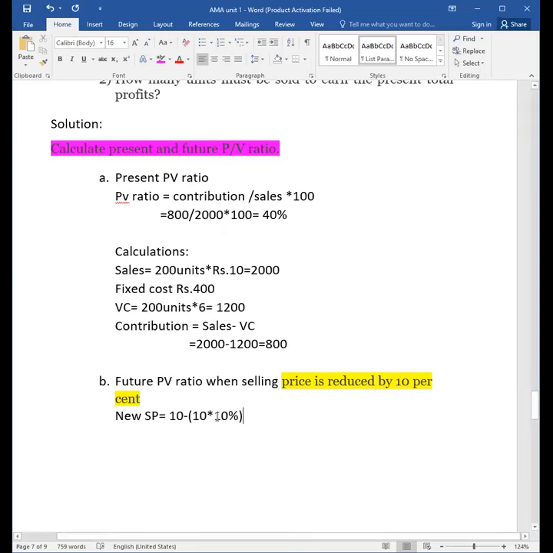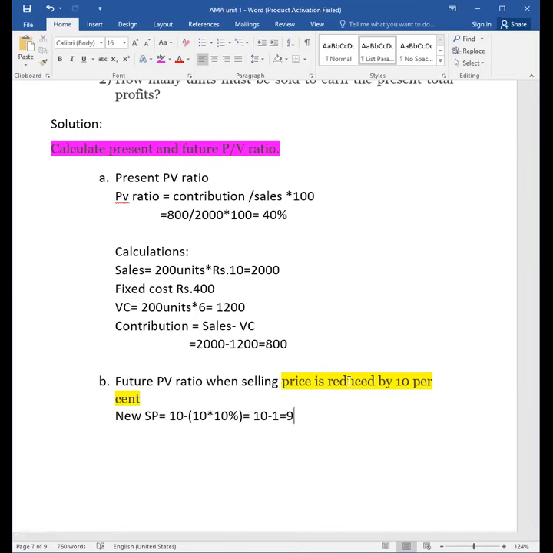I hope that is clear: 10 minus 10 into 10%. 10 into 10% is how much? 1 rupee. 10 minus 1 is 9. So the new selling price is 9 rupees.